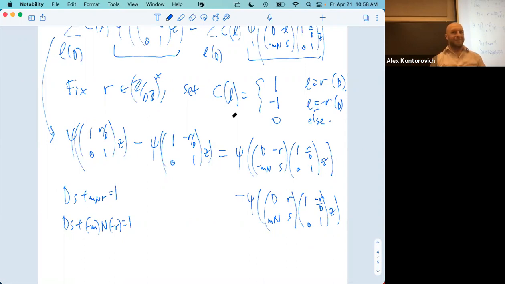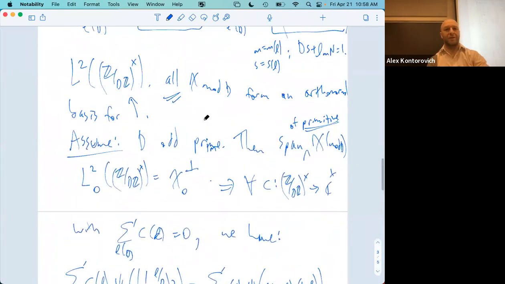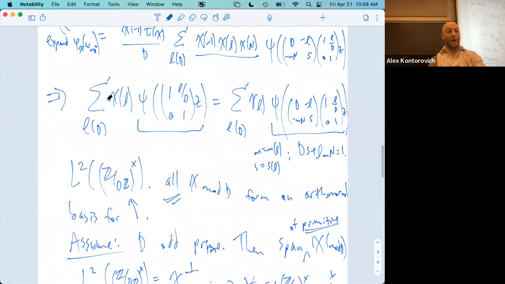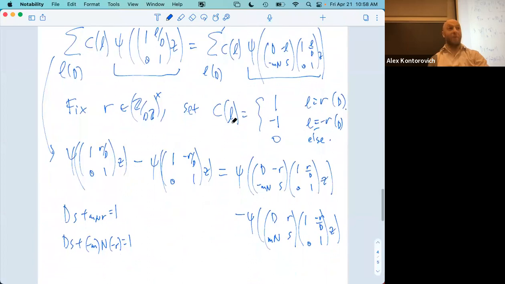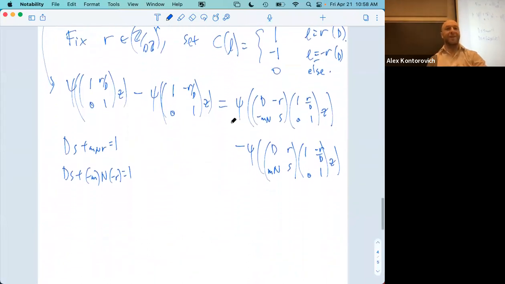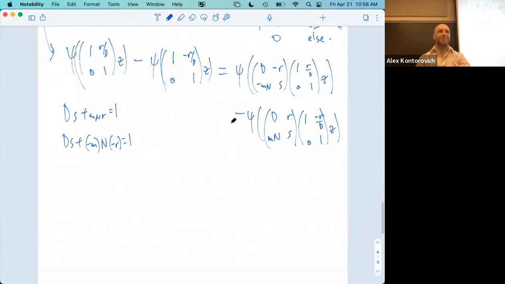To get this function C, I need a linear combination. What I'm saying is that we're not using all the strength that we have. We have this not just for this chi, but for all. The same identity with chi replaced by any other primitive chi satisfies the same formula. This is really where we're using the fact that we have all of these chi's. This is what makes this twisting in this converse theorem possible. Yes.